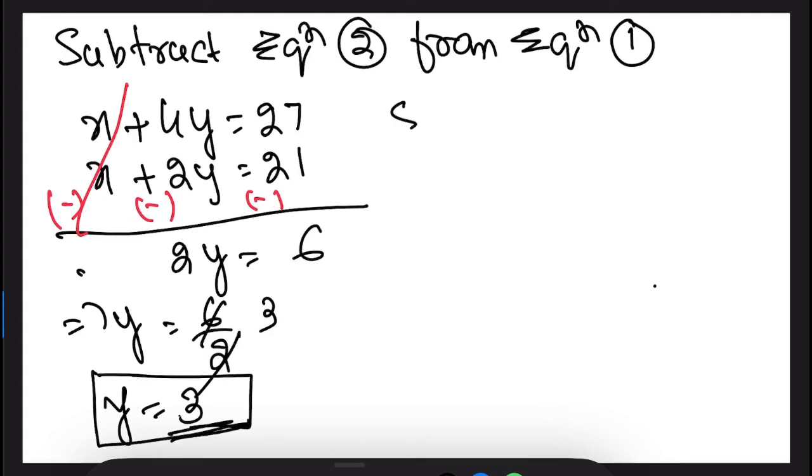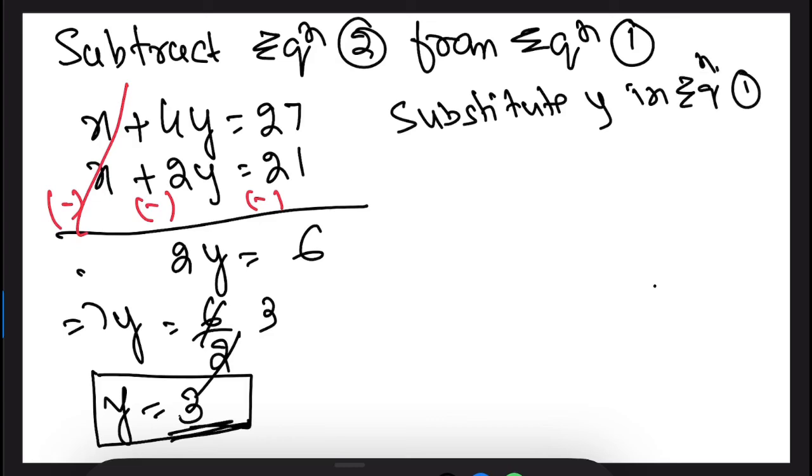Now substitute y in equation 1, that is our original equation, x plus 4y equals to 27.